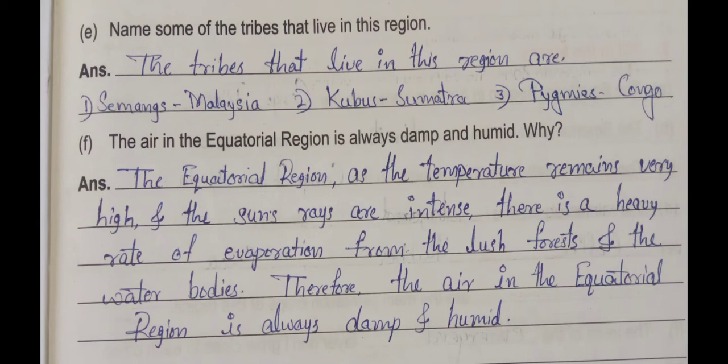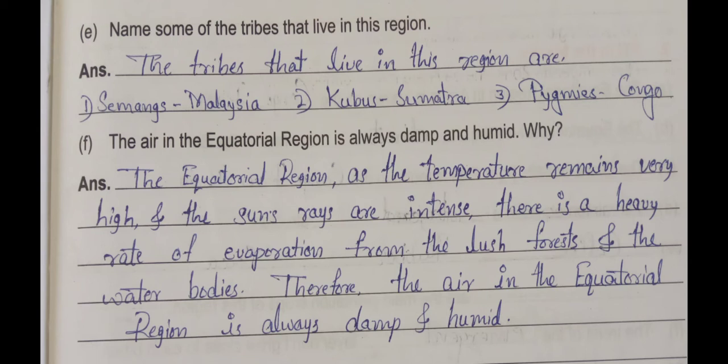Second, the Kubus, who belong to Sumatra. Third, the Pygmies, who belong to Congo.